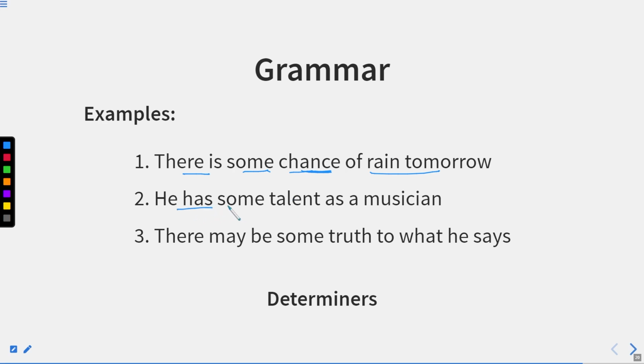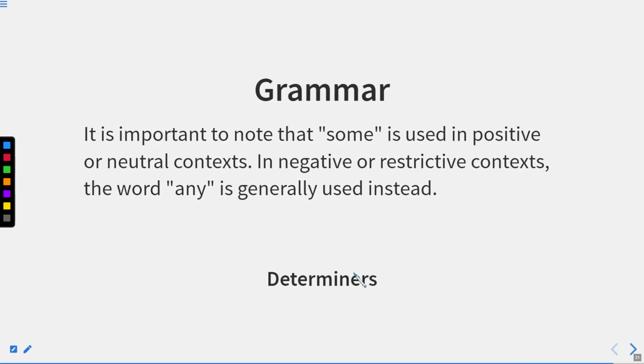He has some talent as a musician. So some talent means he possesses a little talent. There may be some truth to what he says. It means the statement he is making can be true up to a particular extent. There is some truth in his words. Now let us move further.